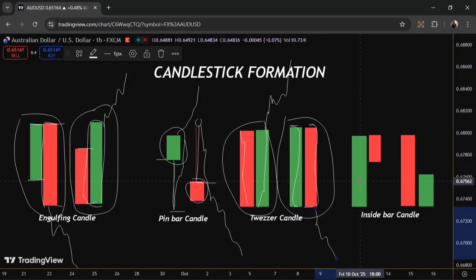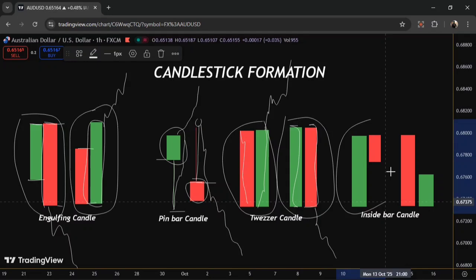Now we have, for the fourth, the inside bar candle, right? Now we have two types of inside bar, which is the bullish inside bar and the bearish inside bar candle, right? Now this is a bearish scenario of an inside bar candle.